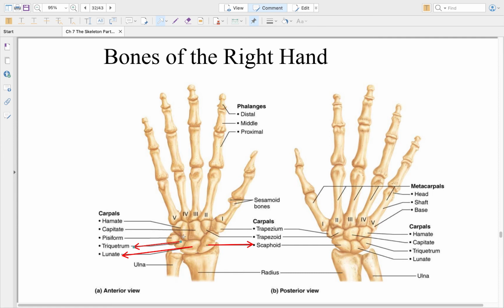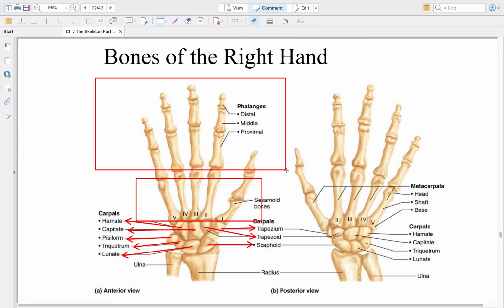Triquetrum. Pisiform. Okay, next row. Trapezium. Trapezoid. Capitate. Hamate. Okay, and then, of course, these are your carpals. Metacarpals 1 through 5, and then phalanges: distal, proximal, and middle.